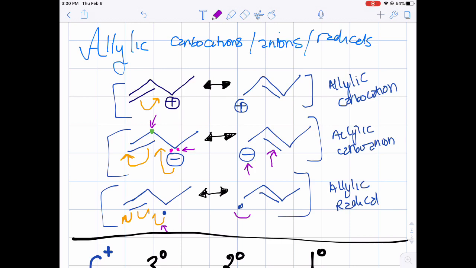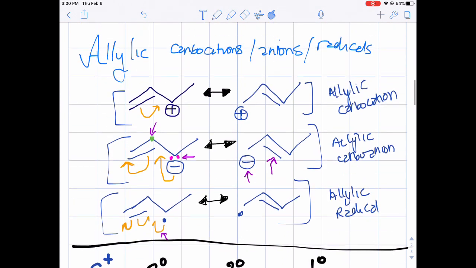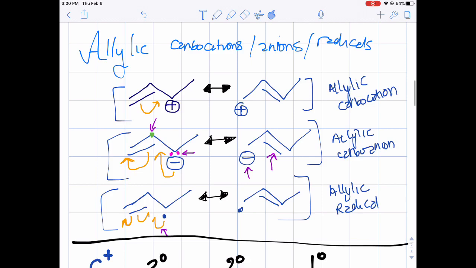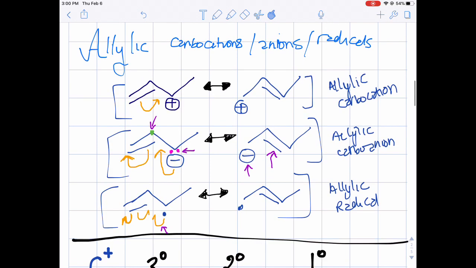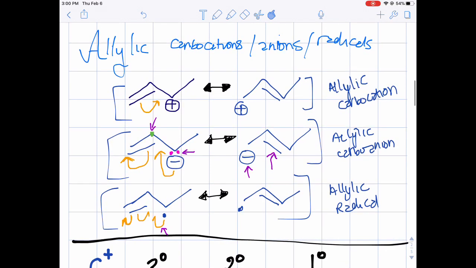So this shows that the one electron, the radical, is going to be left on that carbon, while we have that new bond that formed between the second and the third carbon. Okay, so that is the general overview of how allylic carbocations, anions, and radicals resonate.